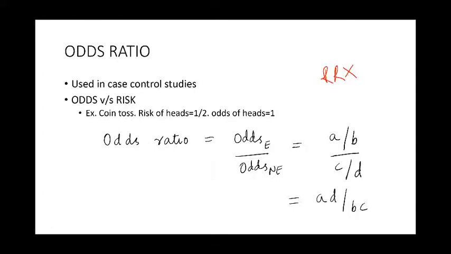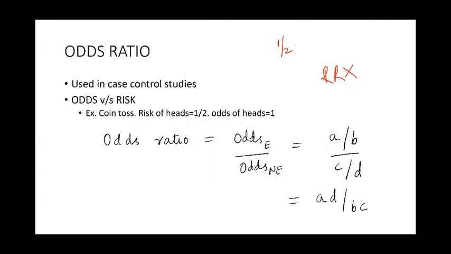So hence there is another thing called odds ratio. Now first we'll define probability and odds. So if I'm doing a coin toss, the probability of getting heads or tails is 1 by 2. There are 2 events and each event has equal probability, 1 by 2.